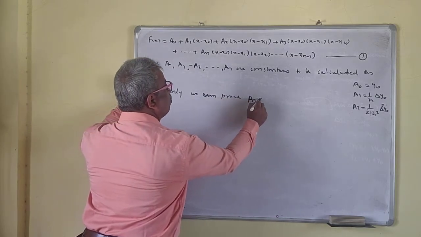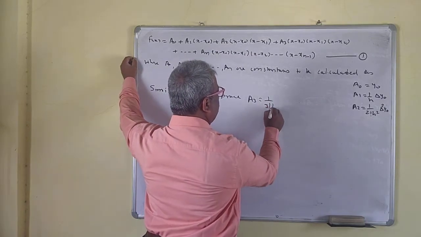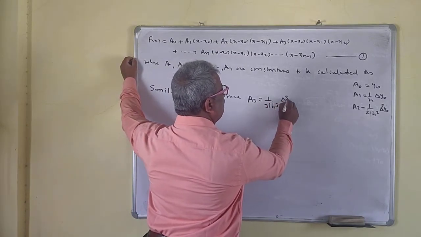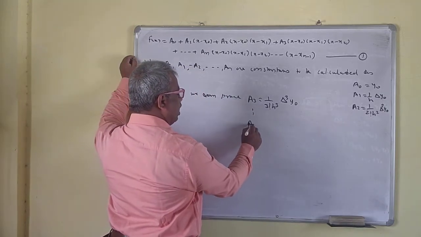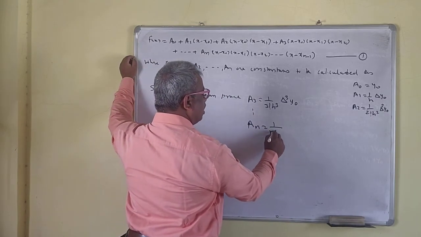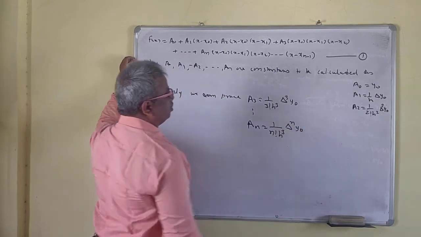a3 is equal to 1 upon 3 factorial h cube del cube y0, dot dot dot, an is equal to 1 upon n factorial h to the power n del to the power n y0.